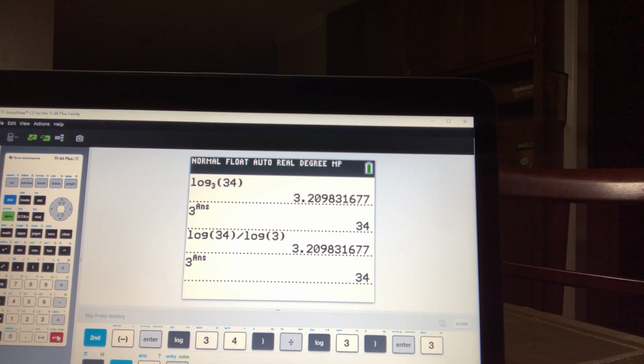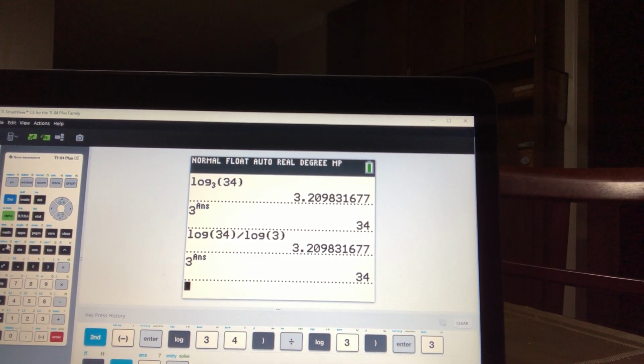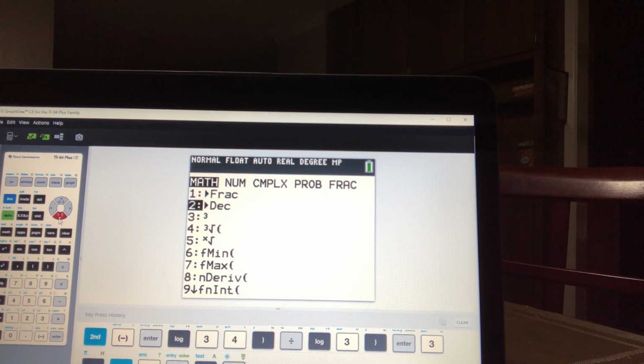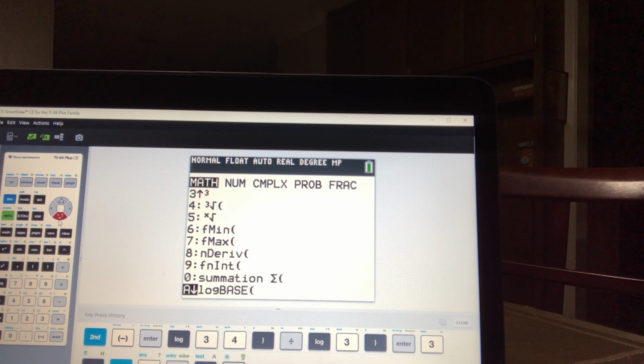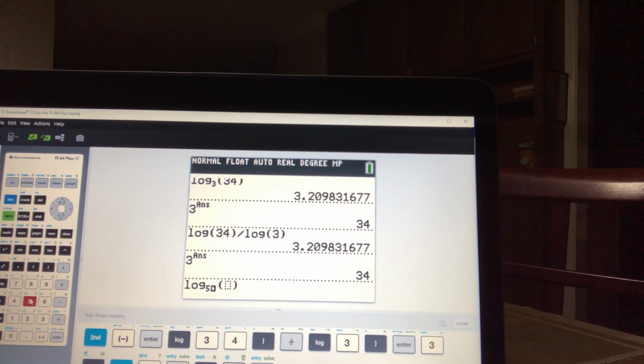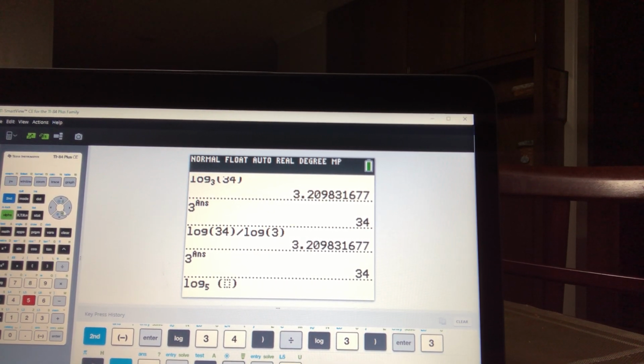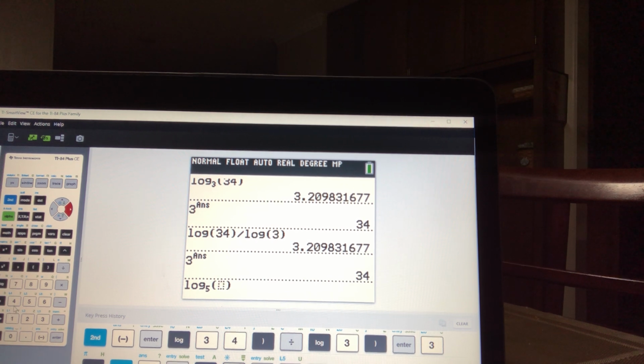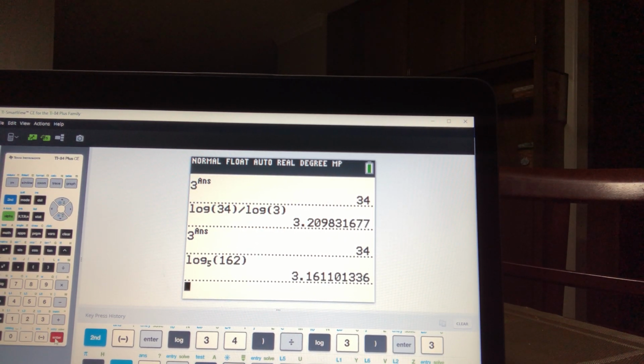The next one is log base 5 of 162. So we go to math, we arrow down to log base. I'm putting the 5 as the base and 162. And enter. So we get this, and you should round it to 3.161. We'll go with the thousands place.